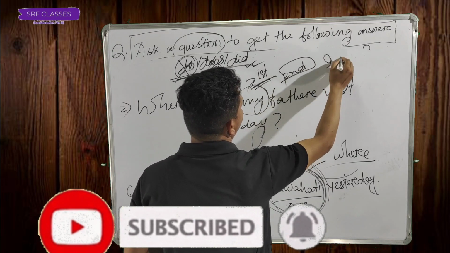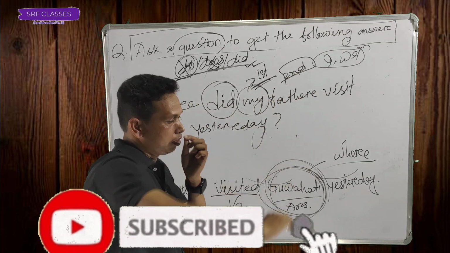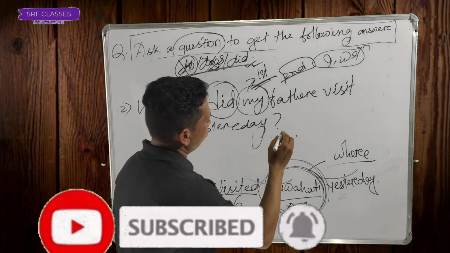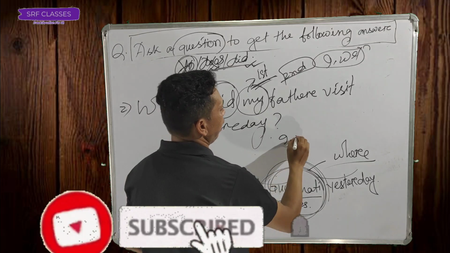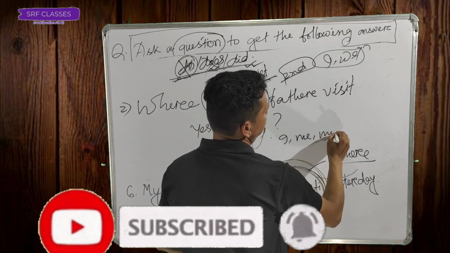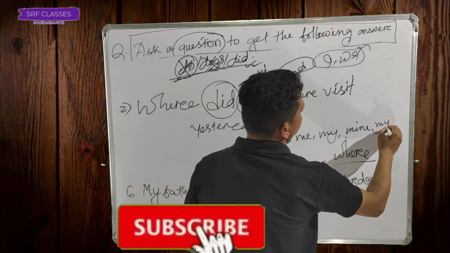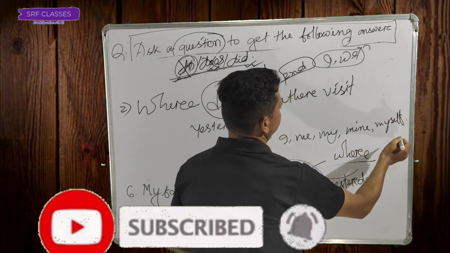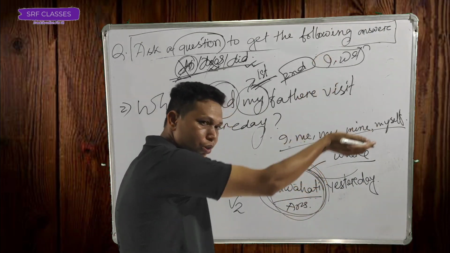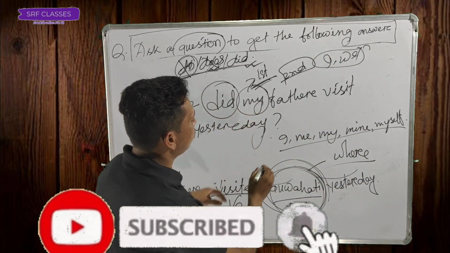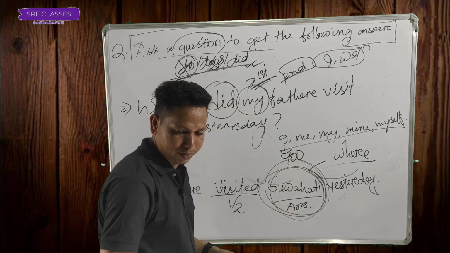I or we. It has some forms: I, me, my, mine and myself. These are the forms of I. Similarly for we. We need to change this I into you. You is the second person, right?